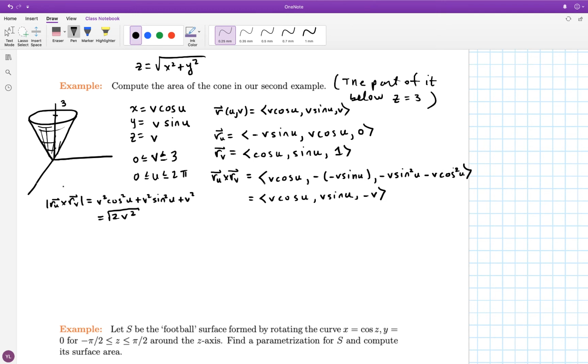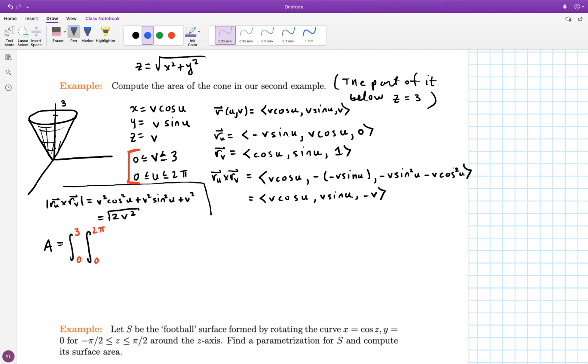Okay, and now we're ready to set up our integral. We integrate over the region in the parameter space, which here is a rectangle in the UV plane. And then we just place in here the appropriate integrand.